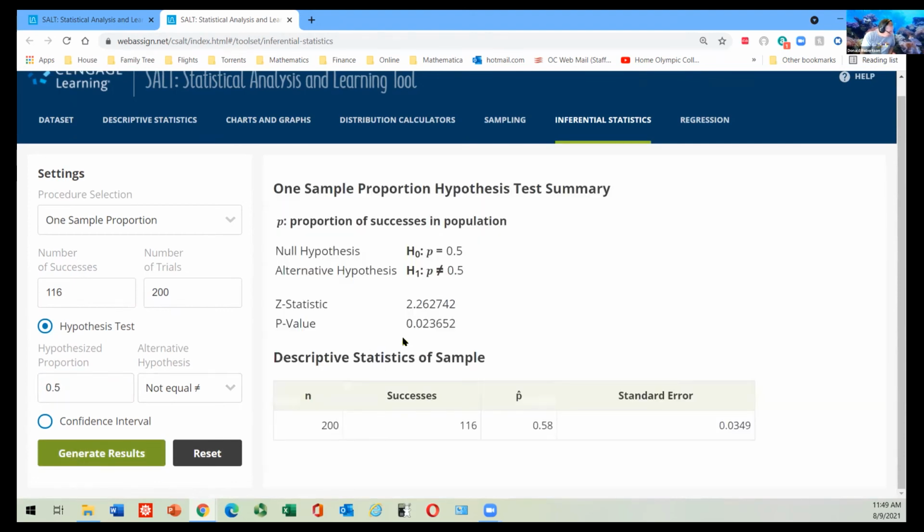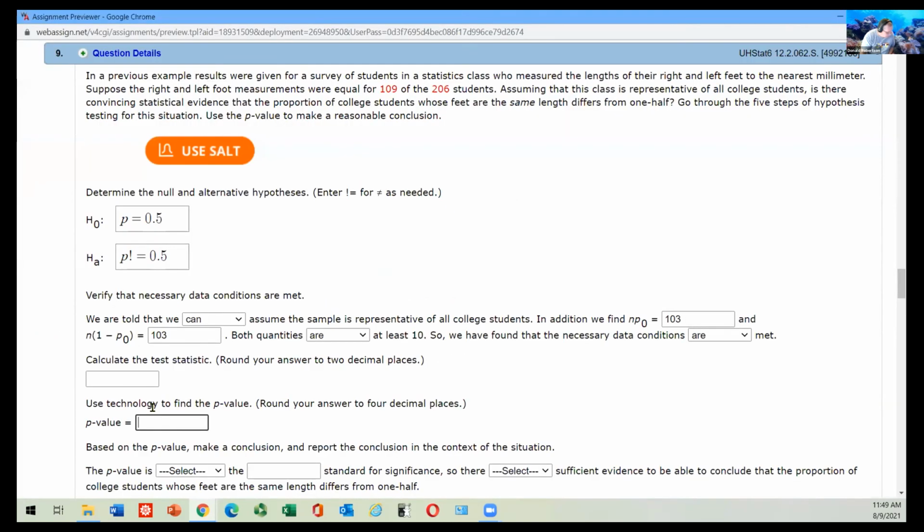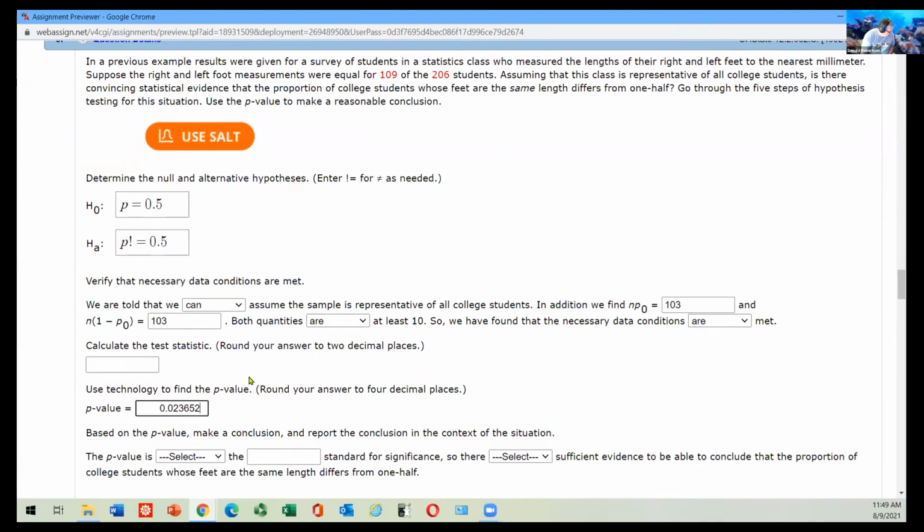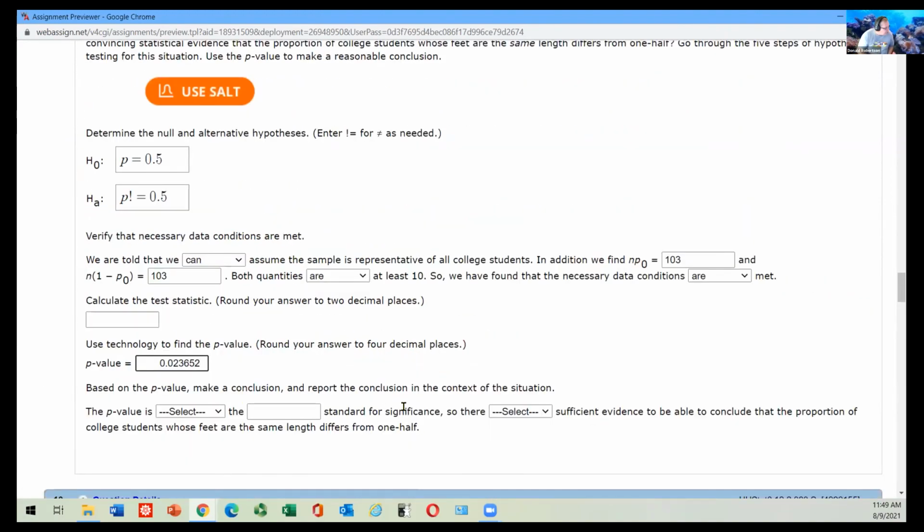And so I should be able to generate results. And this is my p-value, which I'm going to put here. Can somebody do a check on their guy? Is your p-value coming out okay? Yes. Okay, so in my case, the p-value is to 4 decimal places. My guy would round up, which would be that one.